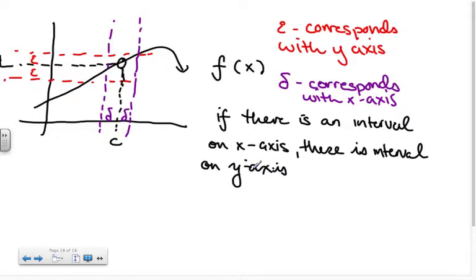Alright, so let's do an example of a delta epsilon limit to show you what I'm speaking about.